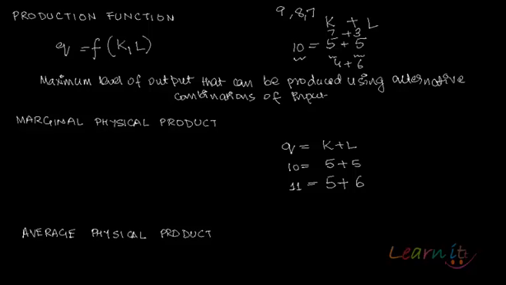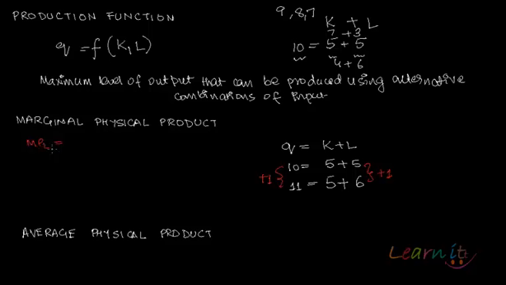By increasing 1 unit of labor, I have increased the output by 1 unit. This is the marginal physical product of labor: how much output is going to increase with 1 more unit of labor. You getting the point? This is MPL.